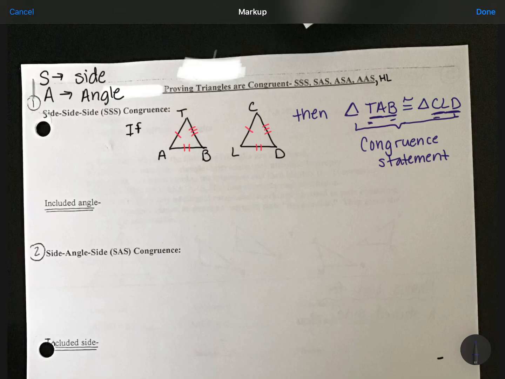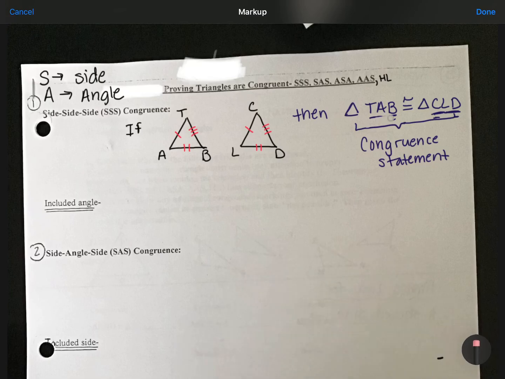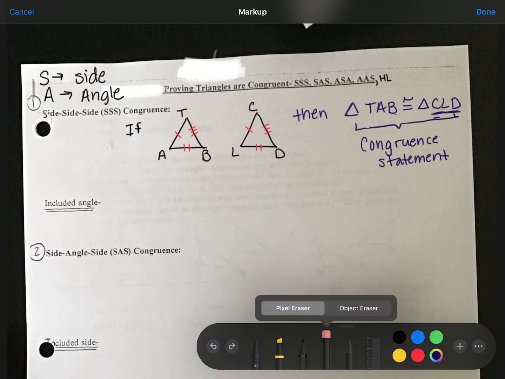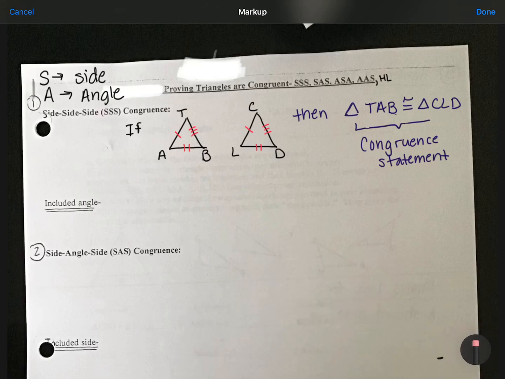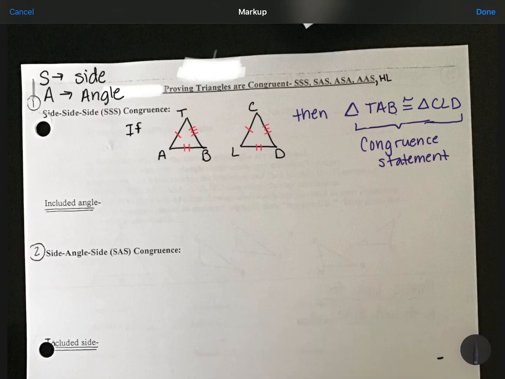So the order in which you name your congruent statement definitely matters. I just erased that by accident, we'll get that back. Okay, so there's my congruent statement. The order of your letters definitely matters. They have to be in corresponding order.